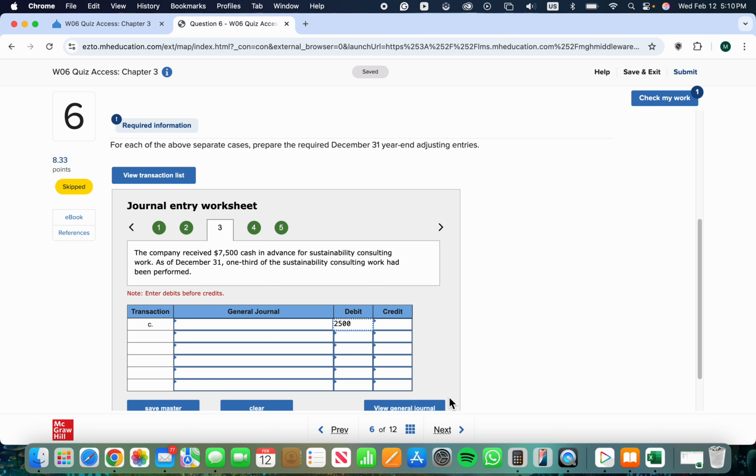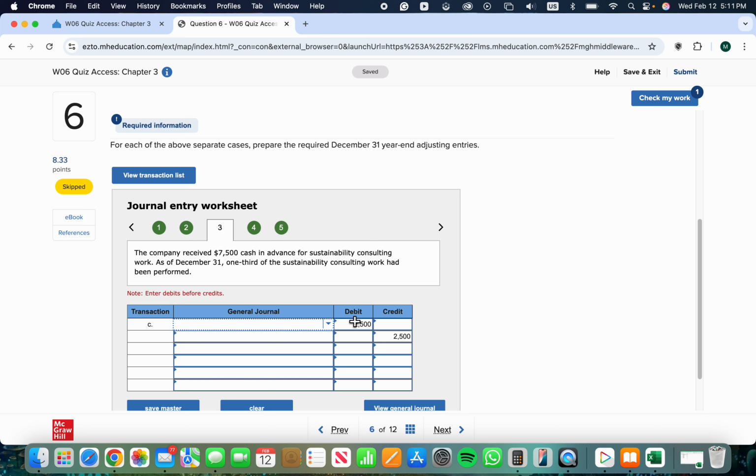So we input these, and because this was a prepaid revenue that is still awaiting the work, it is going to be a liability.